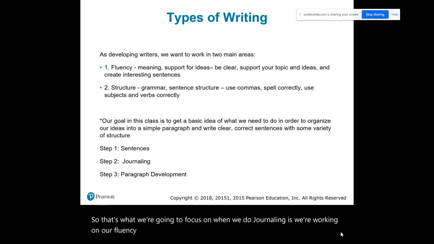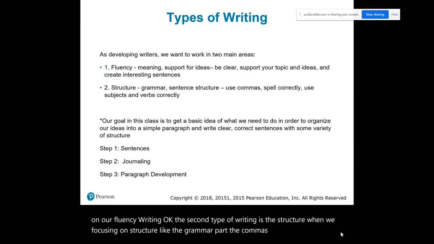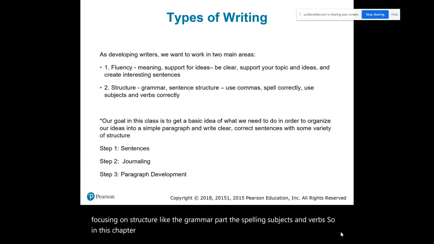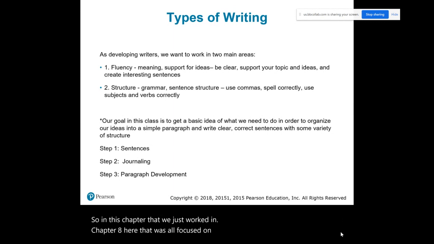Okay? The second type of writing is the structure, when we're focusing on structure, like the grammar part, the commas, the spelling, subjects and verbs. So in this chapter that we just worked in, chapter 8 here, that was all focused on the structure, right?